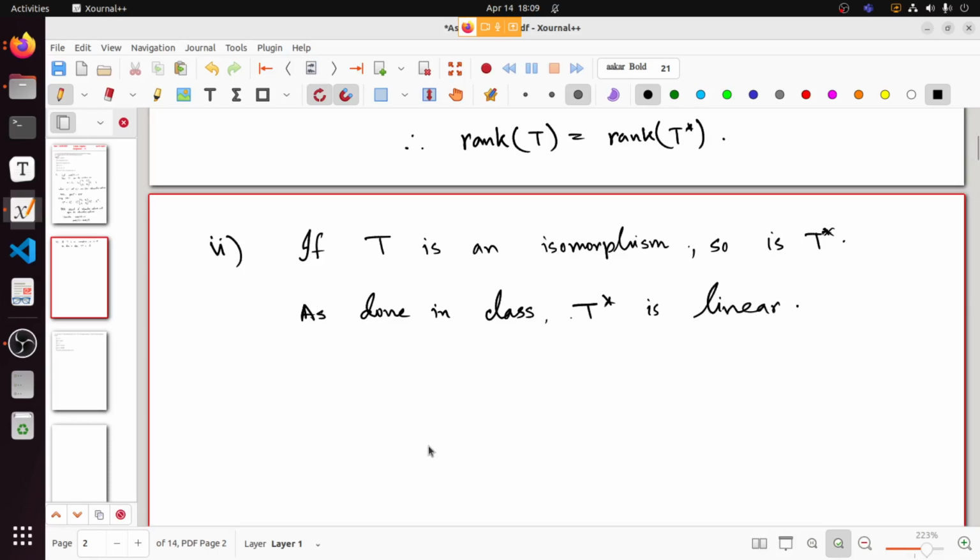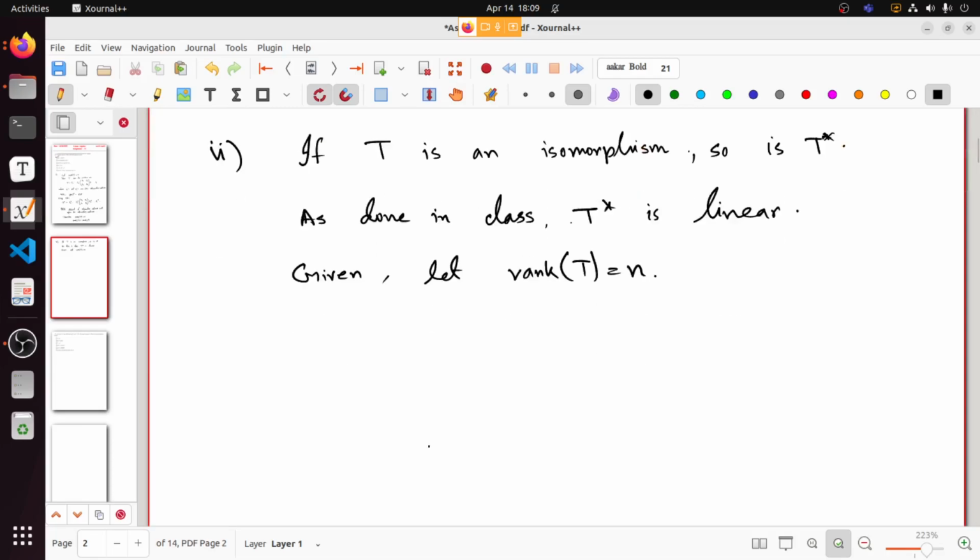T is an isomorphism means, suppose T is a map from R^n to R^n, and let the rank of T be n. From option 1 we get that the rank of T star is also n.